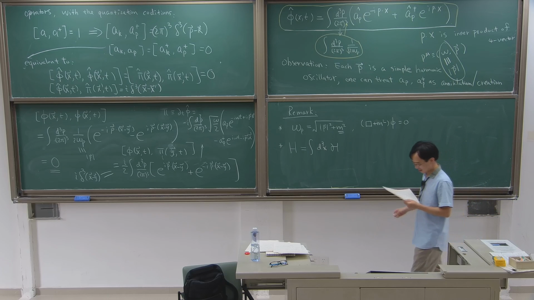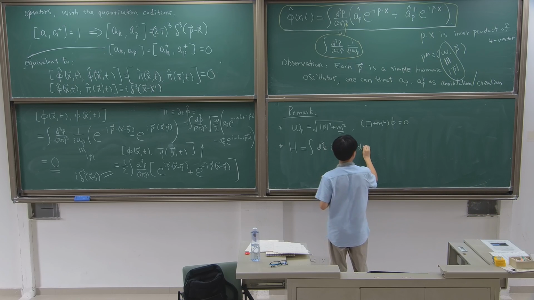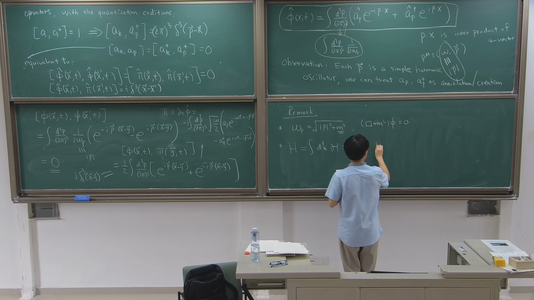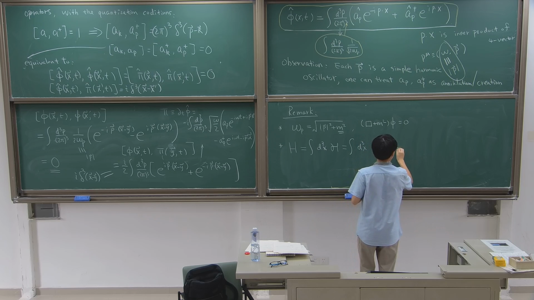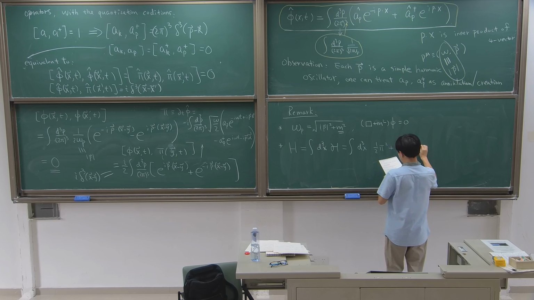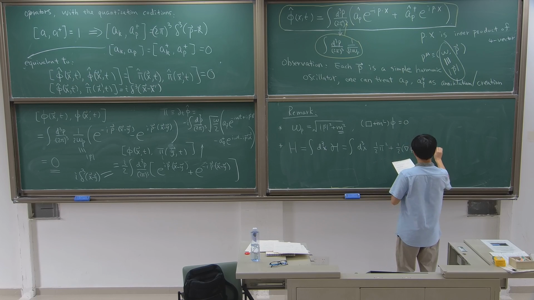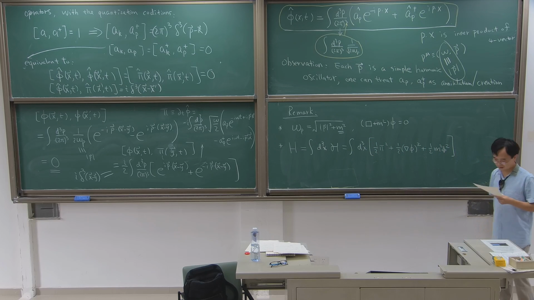So the result will be the Hamiltonian density looks like half pi squared plus half, yeah, so this is the result for the Hamiltonian density.